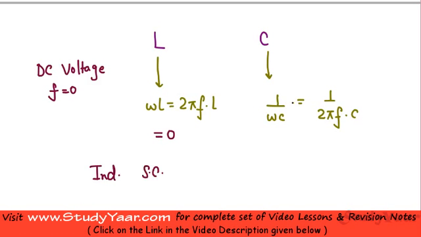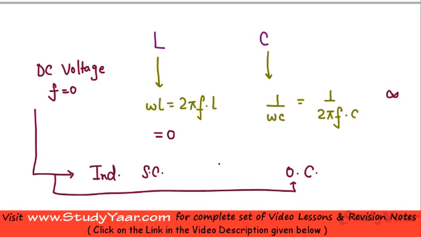And for the capacitor, if f becomes 0, that is, for a pure constant DC voltage, you have 1 upon 0, which means infinite impedance or resistance, which means an open circuit. Not a short circuit but an open circuit. So for DC, your inductor acts like a short circuit and your capacitor acts like an open circuit.